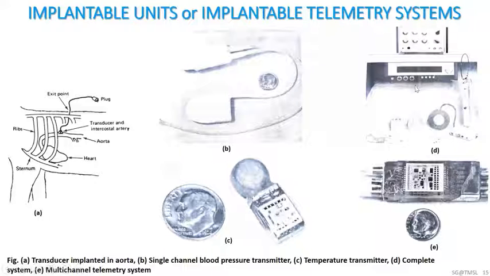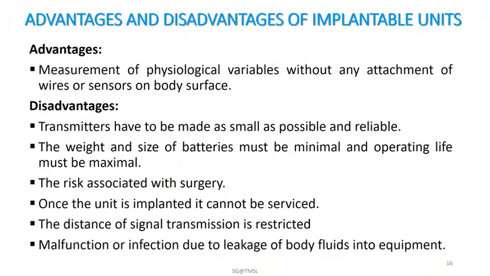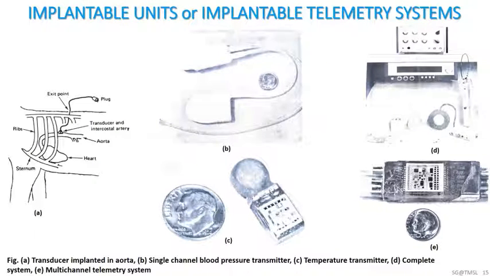Next is the figure showing an array of all parts of the complete implantable telemetry system. The top unit in this figure is the telemetry demodulator, and it has six main channels and is designed to work with the receiver given below it.